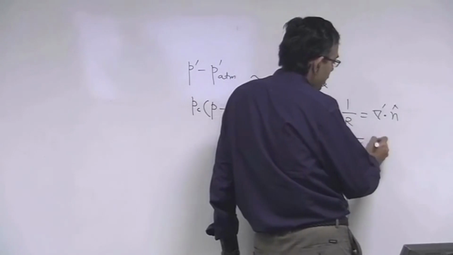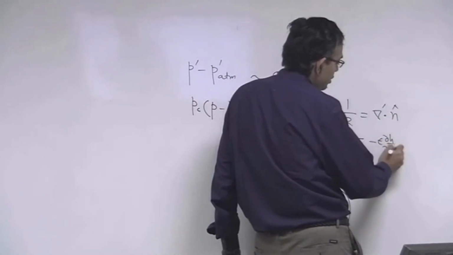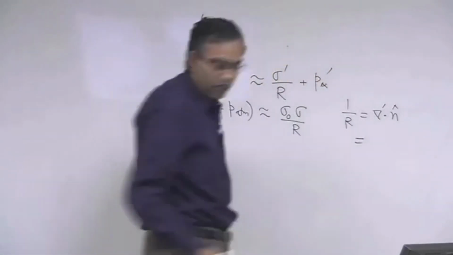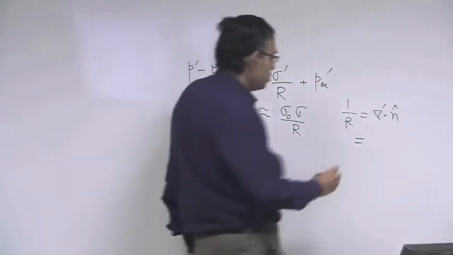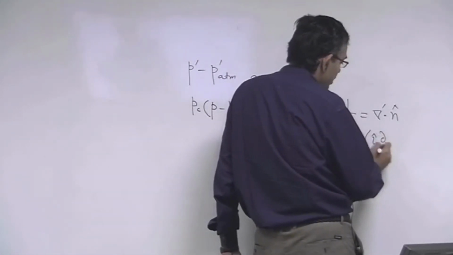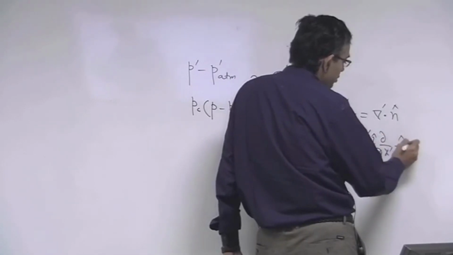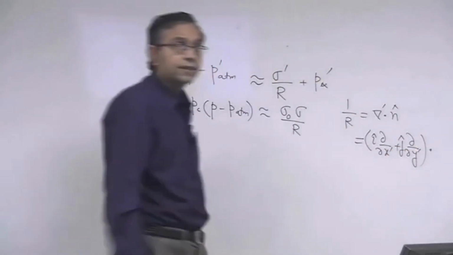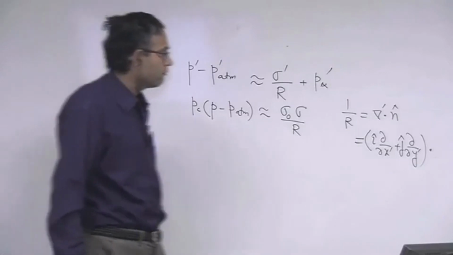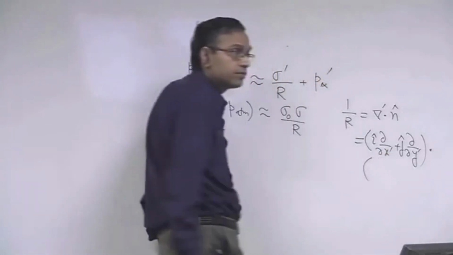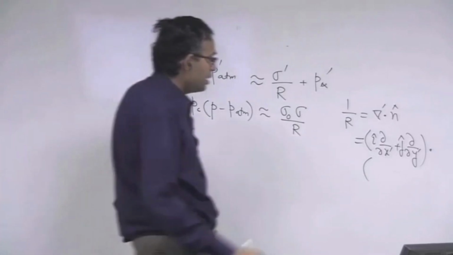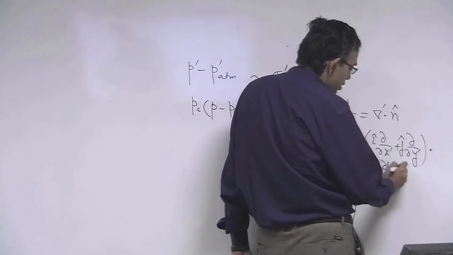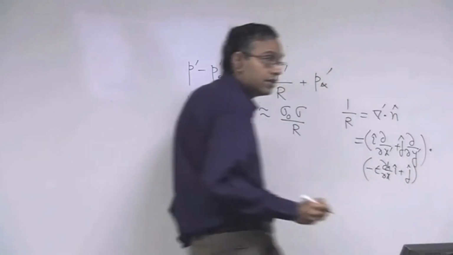So this is minus epsilon del h del x. Sorry, first let us write the del dash operator: i del x dash plus j del y dash, dot product with n. So what is n? Minus epsilon del h del x i plus j, right, this was n.